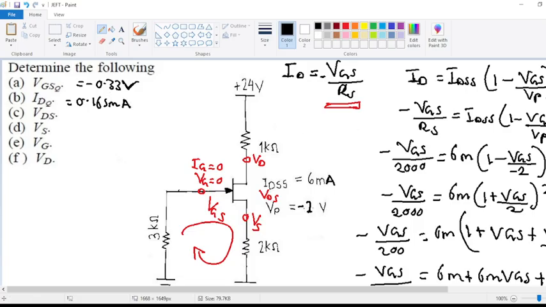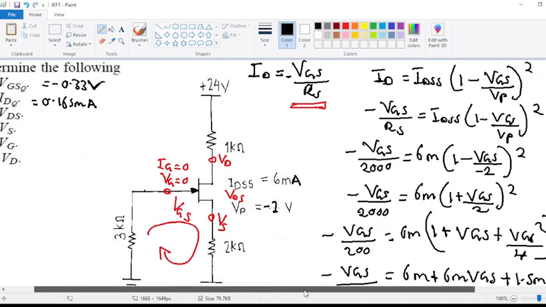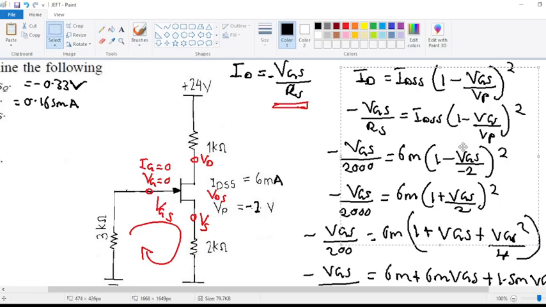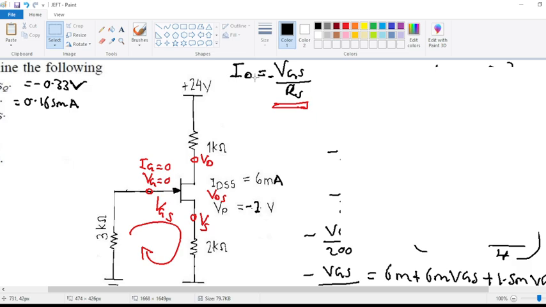Let's go to the VDS. How do we calculate the VDS? For the VDS, I would love to use the circuit here to verify everything, so I will erase this and try to make the formula from the circuit.